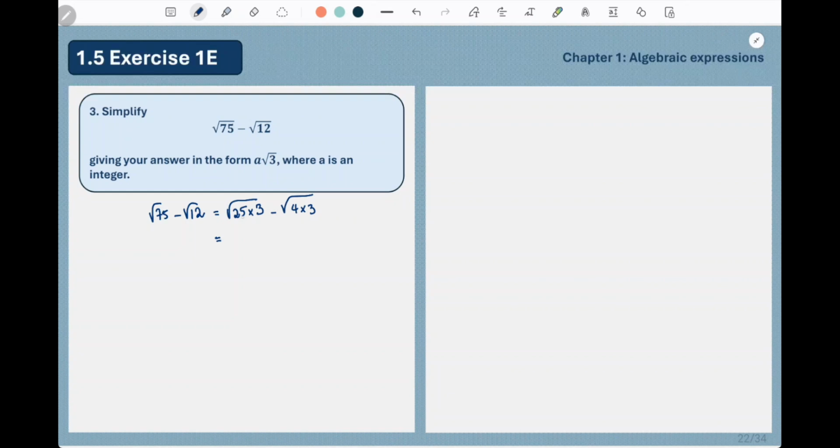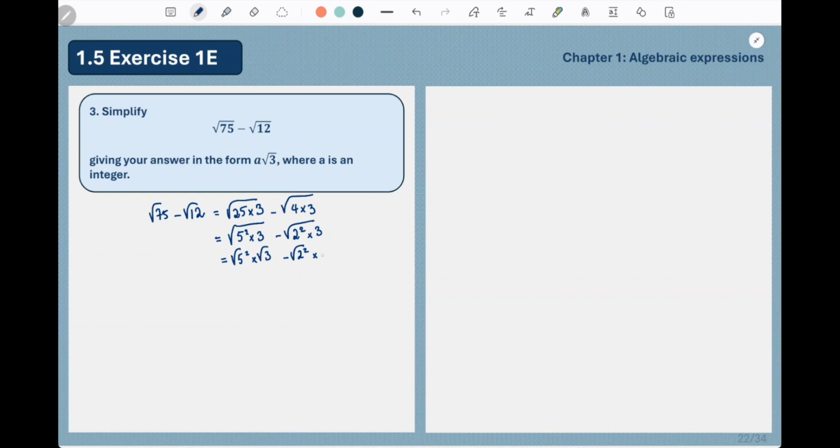So 25 is indeed the square of 5, and 4 is the square of 2. So I can do this: square root of 5 squared times 3 minus square root of 2 squared times 3.